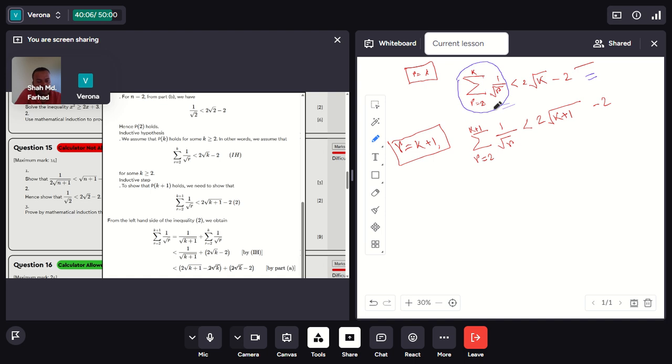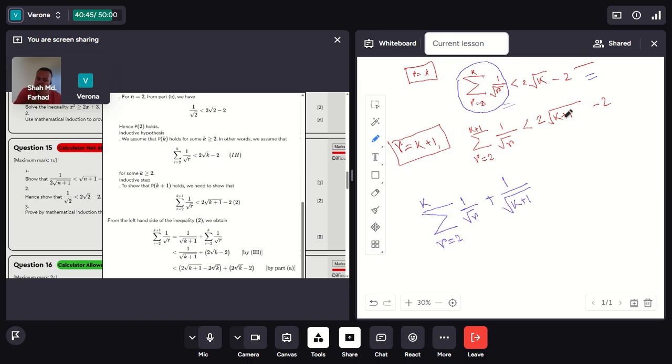That means if we add here in the left side, starting from r equals 2, the sum up to k of 1 over root r, then if we add the k plus 1 term, it will be 1 over root k plus 1, right?